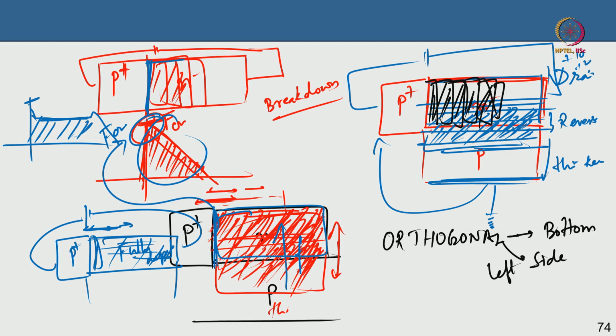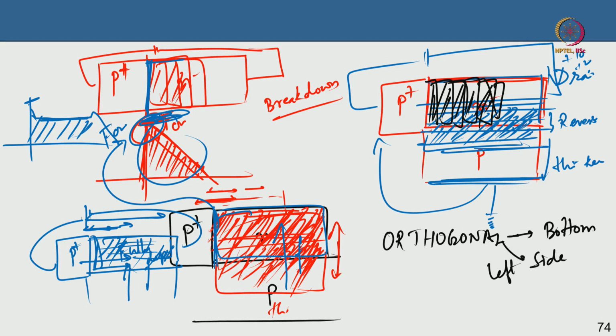I will repeat, in the lateral direction, you do not have to spend energy or effort in depleting the carriers anymore, because the vertical junction has already depleted them, which means in the lateral junction you can keep applying voltage and still not hit the critical electric field because it is already depleted. It is like a completely depleted semiconductor instead of n minus.